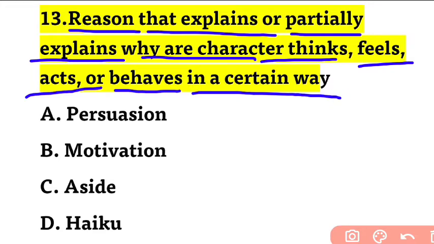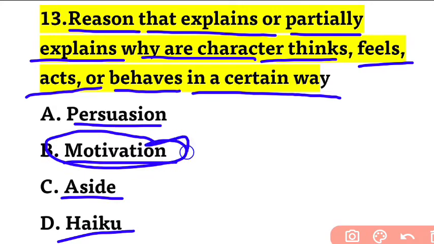Options: persuasion, motivation, aside, haiku. What will be the answer? The answer will be motivation. Reason that partially explains why a character thinks, feels, acts, or behaves in a certain way is called motivation.